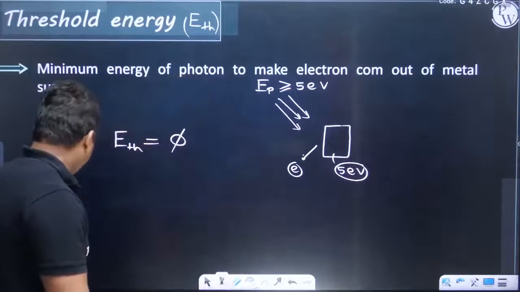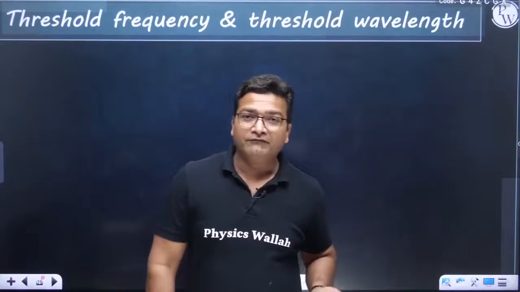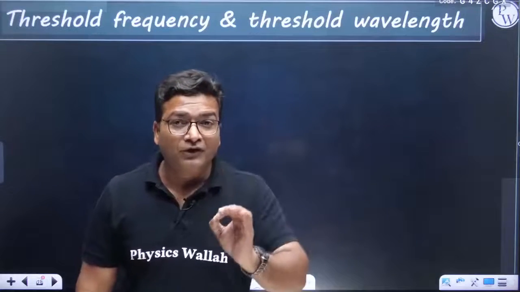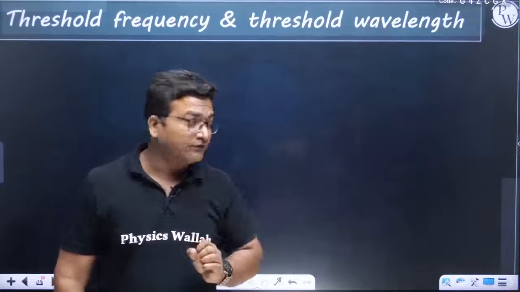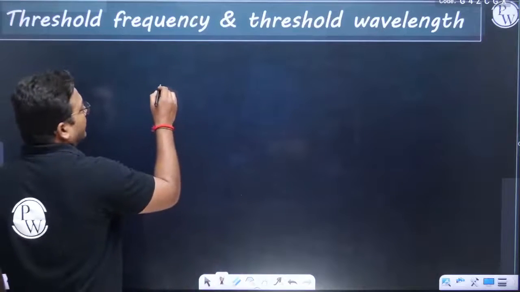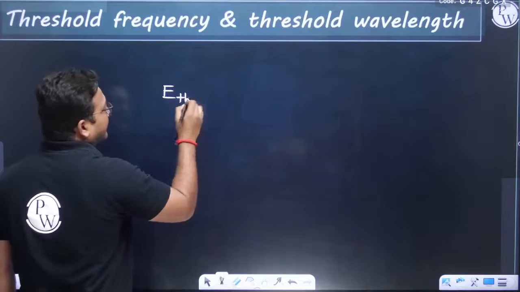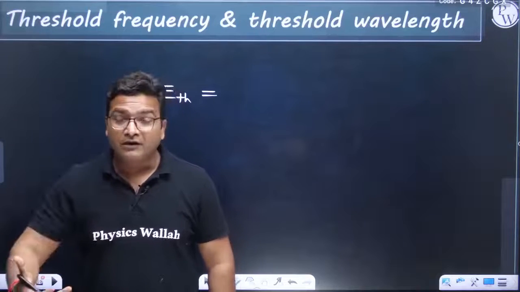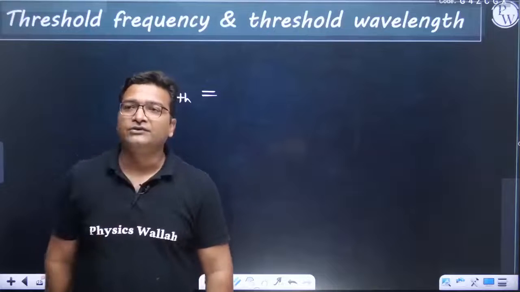Next we see the threshold frequency and threshold wavelength. If a photon has energy exactly equal to threshold energy, then the corresponding frequency and wavelength will be called threshold frequency or threshold wavelength.